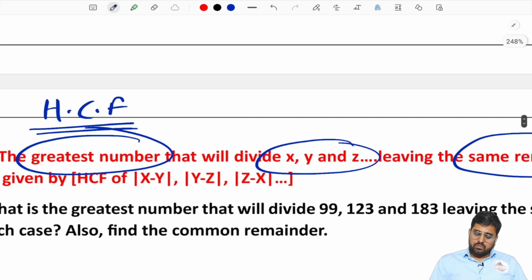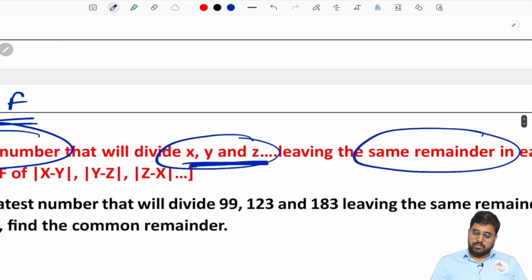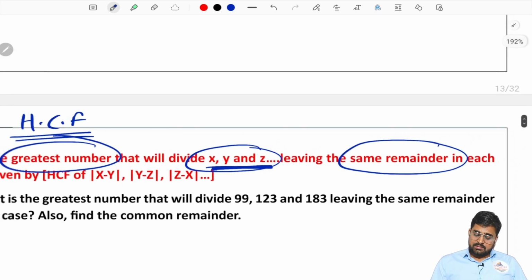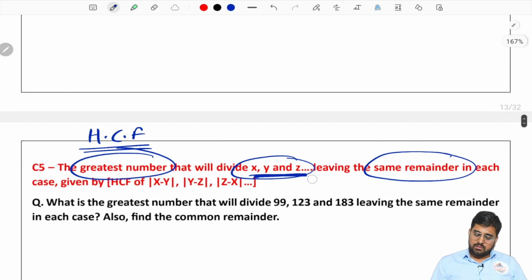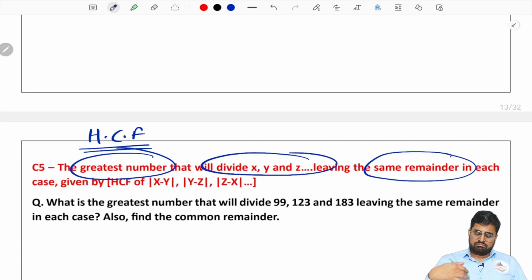What they are saying is that the greatest number will divide these three numbers, or any numbers, but the condition is that they should give the same remainder. Okay, when this situation arises, you have to calculate the common remainder in all of them. Let's try to find out.